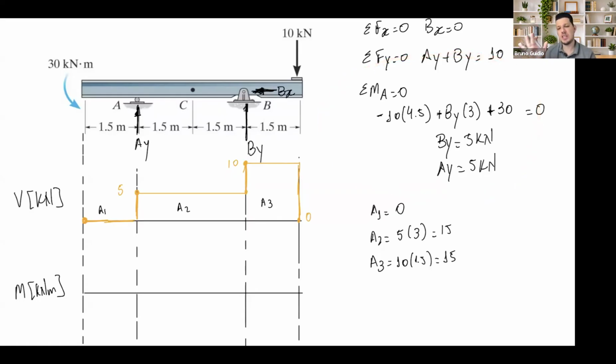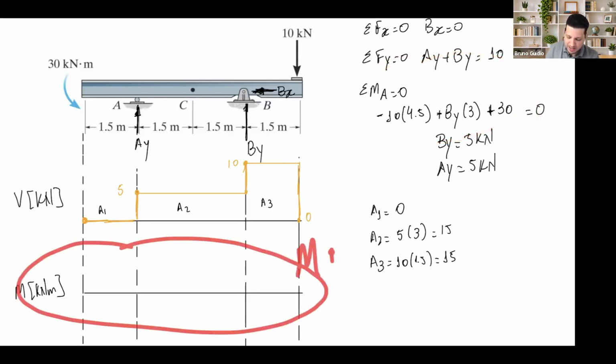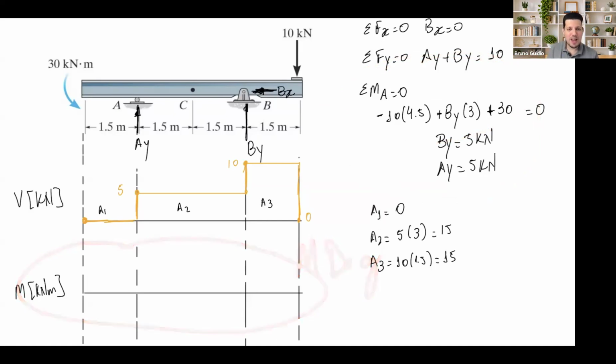For the equilibrium equations, moment is positive counterclockwise. However, here we are talking about the moment diagram. The moment diagram is with respect to the behavior of the beam with the moment: positive moment, negative moment, meaning the shape that this will become, okay?